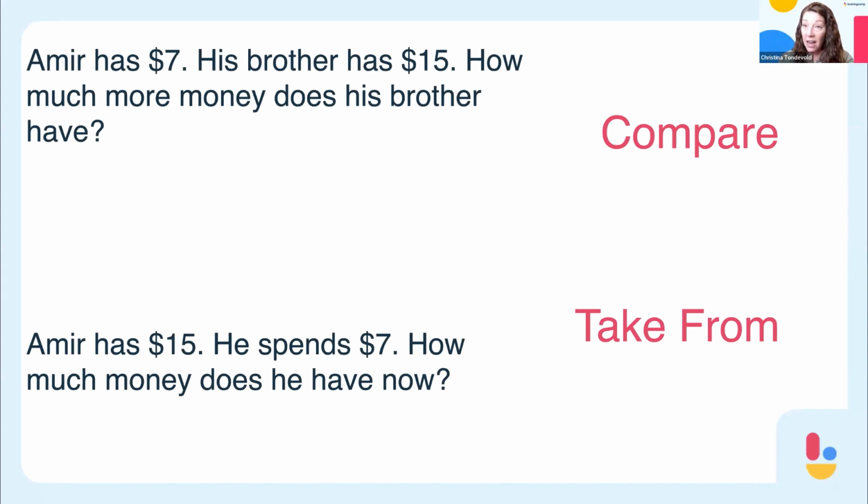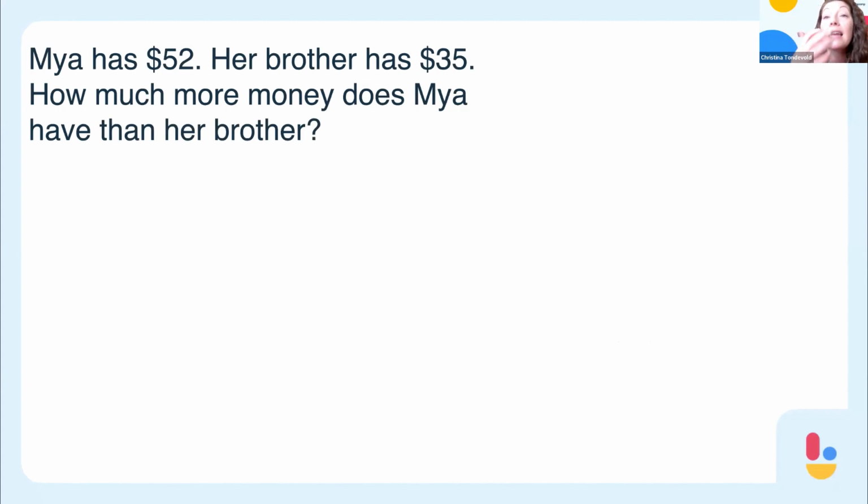It's just Amir has some, his brother has some, okay? In the bottom one, Amir has 15 and then he spends 7. Do you see that action of I have my 15 and then I have 7 going away, okay? That's the big difference. We need kids to understand that both of those require subtraction, or can have us use subtraction to figure it out.